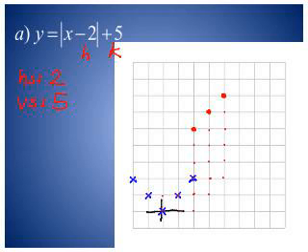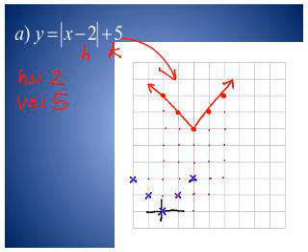I'm going to shift horizontally 2 and vertically 5. Shift horizontally 2, vertically 5. And here is my new absolute value function. And again, my vertex is at 2, 5, which can be made from your shifts.